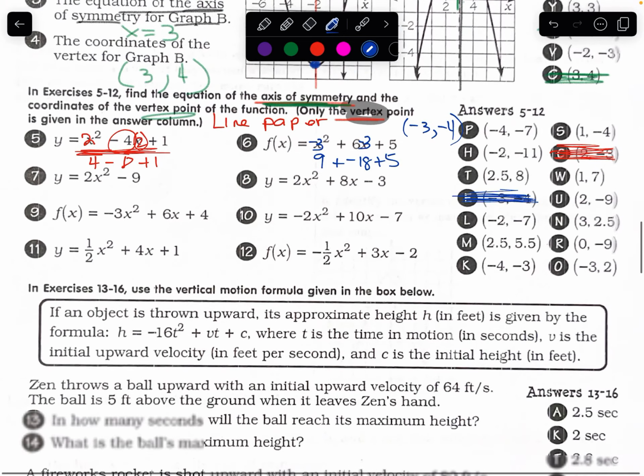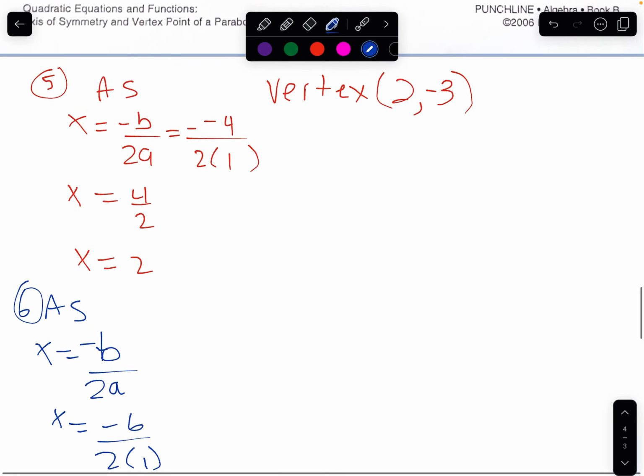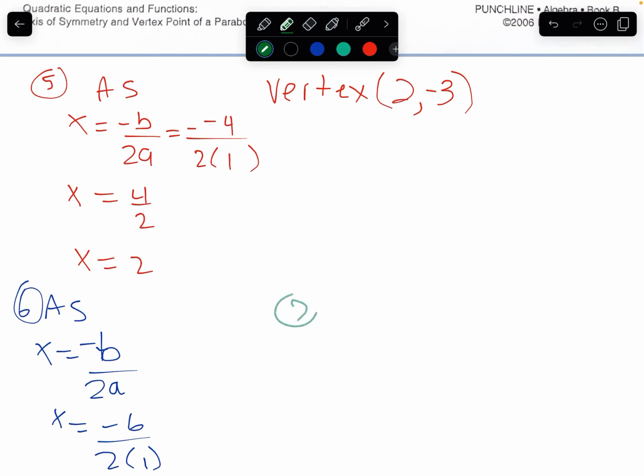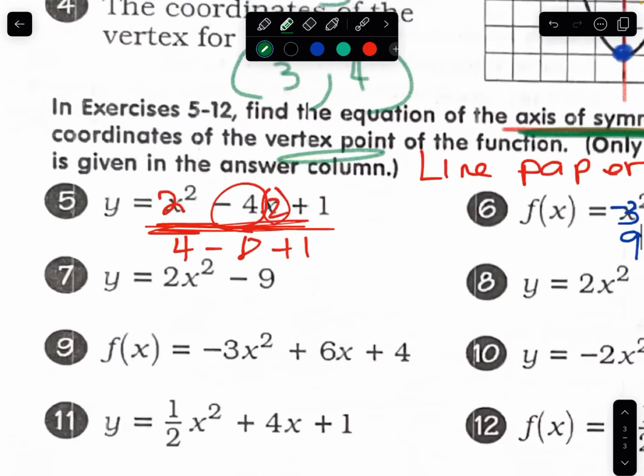Okay. So on the scratch sheet of paper, number 7, axis of symmetry. AS, x equals negative b over 2a. I'm looking for all the formulas for this.